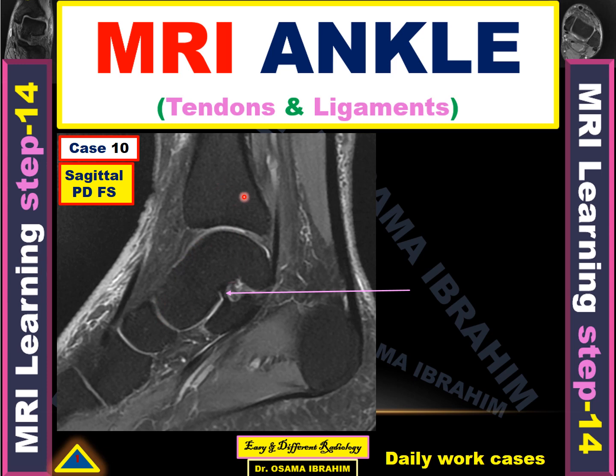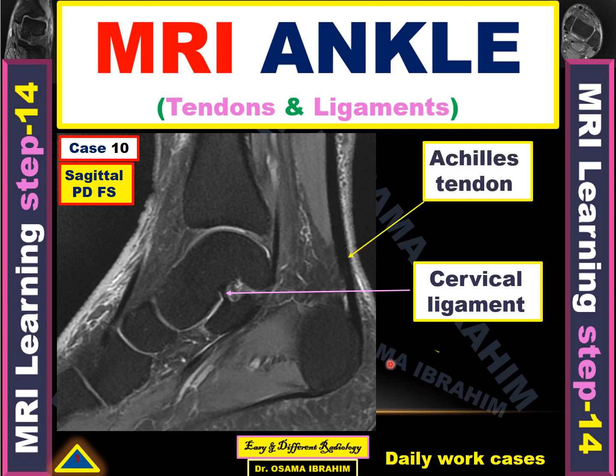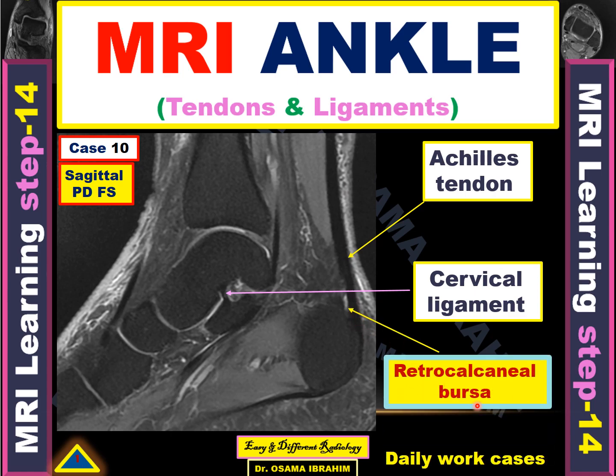This is the talus and this is the tibia, and this is the calcaneus. The ligament articulating between the calcaneus and talus is called the cervical ligament. This is the Achilles tendon as we mentioned, and this is the retrocalcaneal bursa.